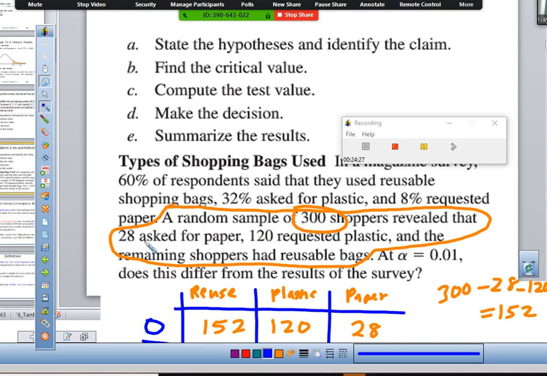28 paper. These are not in the same order. It gave it to you as reusable, plastic, paper, and then down below, it gave it to you in a different order: paper, then plastic, and it didn't even say reusable. So paper, 28, the last one first, and then 120 plastic next.